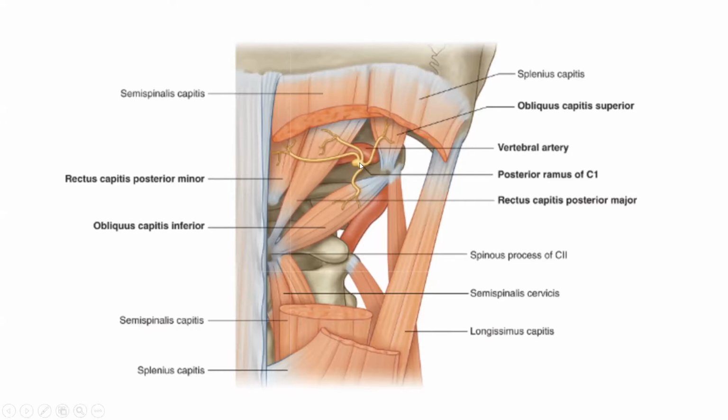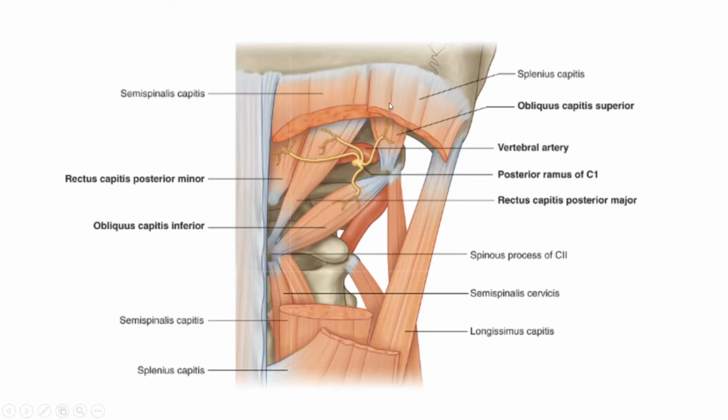This suboccipital nerve is mainly said to be purely motor. It means that it has no sensory fiber, or if it has, it's very small and negligible. So that's why it's considered a pure motor nerve.